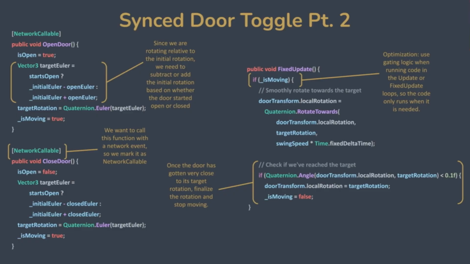We won't go too much into it, but basically it's saying if it starts open, give it a different rotation than if it starts closed. Then we turn our target Euler angles into a quaternion, which we don't have enough time to cover in depth, but effectively quaternions are the main method you want to use for rotating things in space in Unity.